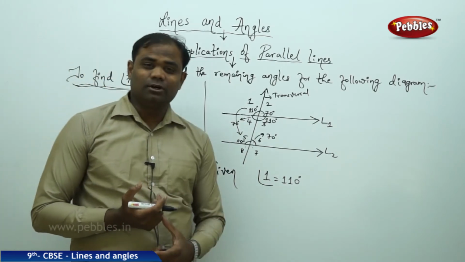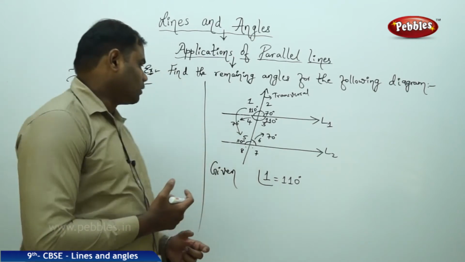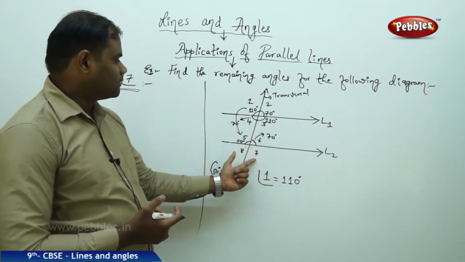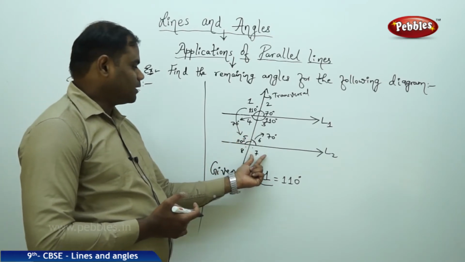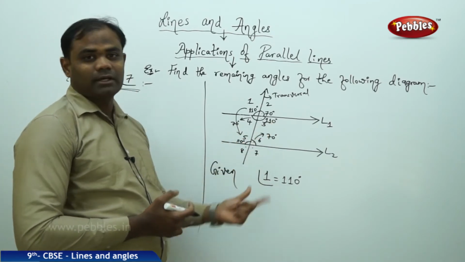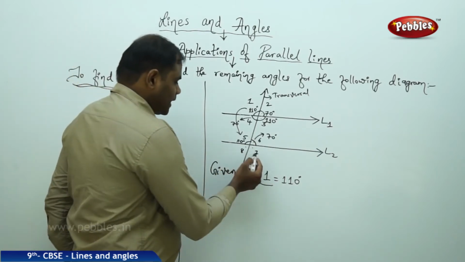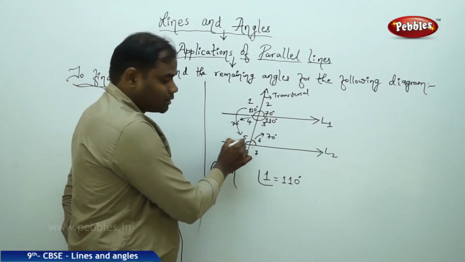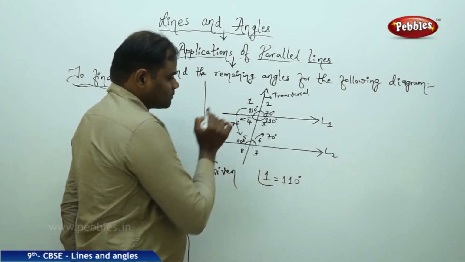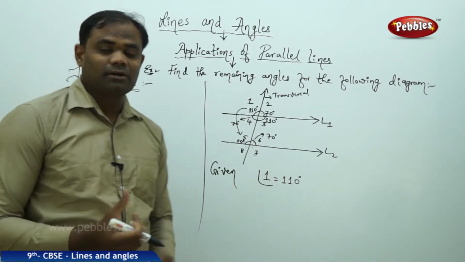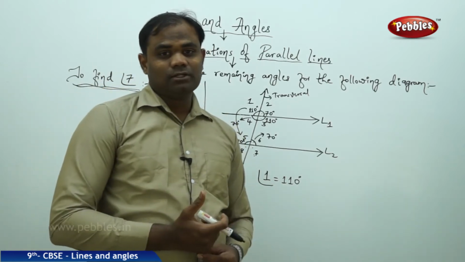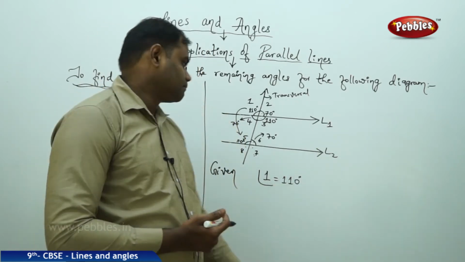Obviously, because vertically opposite angles are equal. Or also we can say 3 and 7 are corresponding angles. So you can either utilize angle phi equals angle 7 or angle 3 equals angle 7, because 7 acts as vertically opposite angle for phi and 7 also acts as corresponding angle for 3. So let me take the concept of corresponding angle to find angle 7.